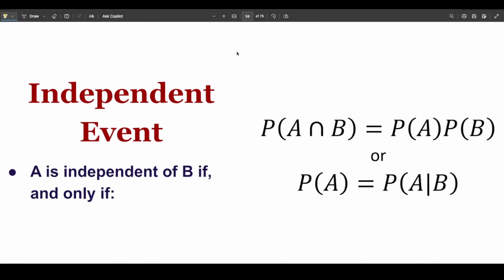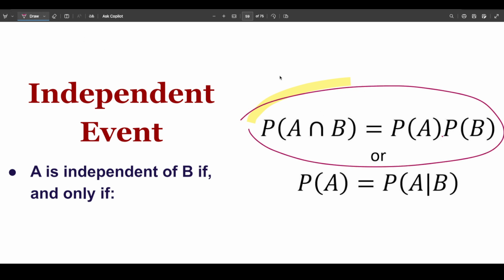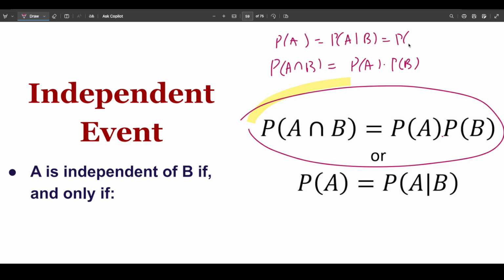Anytime two events are independent, you can say probability of A and B equals probability of A times probability of B, or probability of A equals probability of A given B, or probability of A given B not. Basically both of them are correct. Okay, and you can use both of them in different questions to solve your problems.